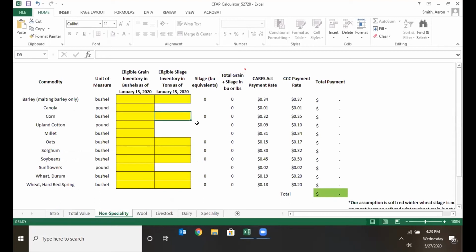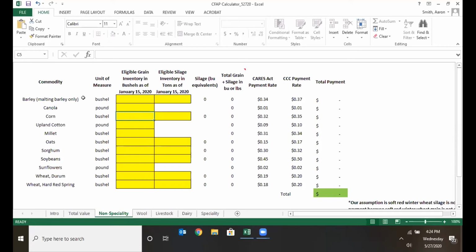When we're looking at eligible inventory for grain or for lint for cotton, we're looking at the eligible inventory held on hand as of January 15th, 2020. One important thing about that inventory is it must be unpriced or have price risk associated with it. If you've locked in a price for that production, it is not eligible for inventory.